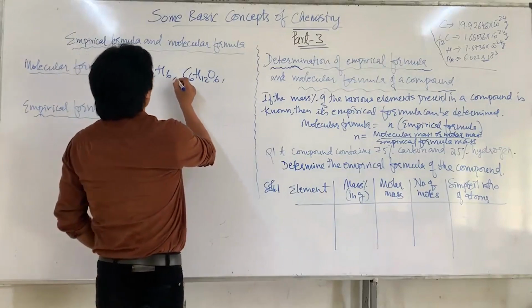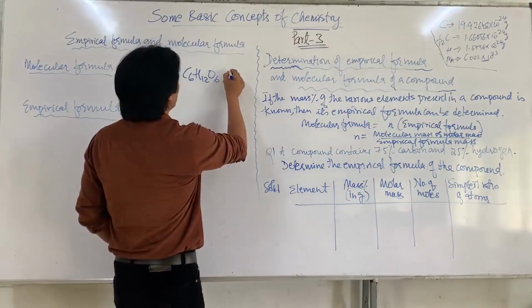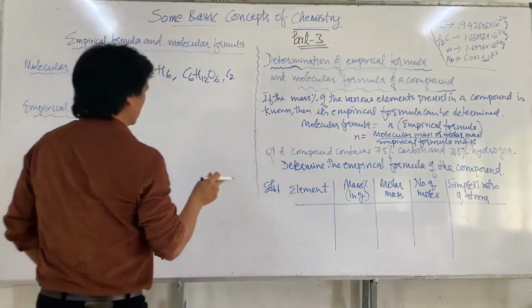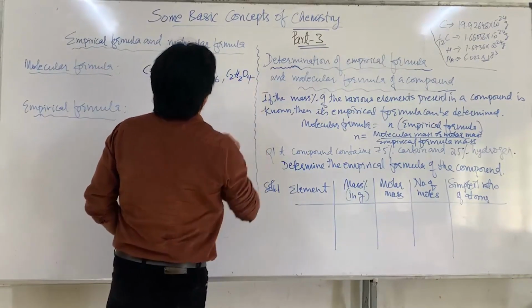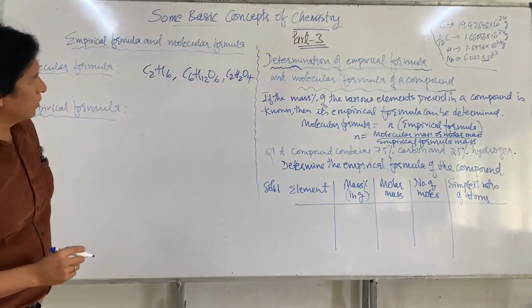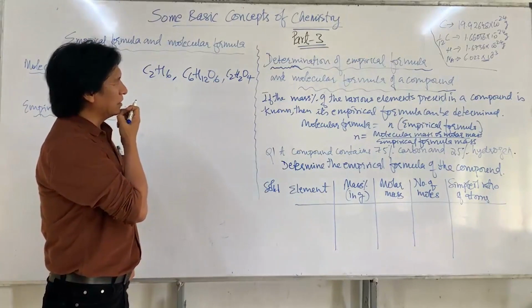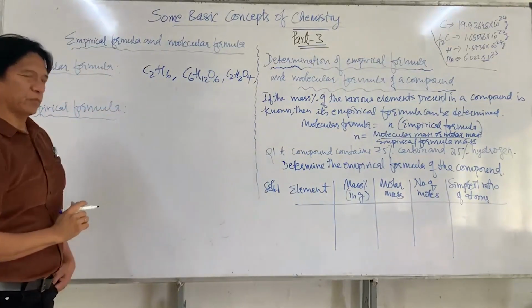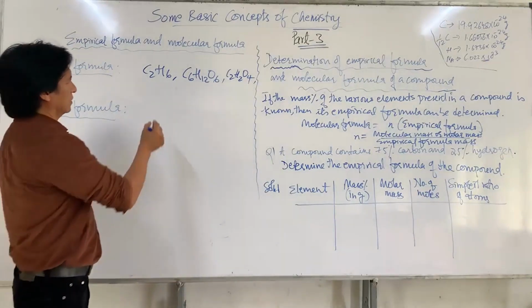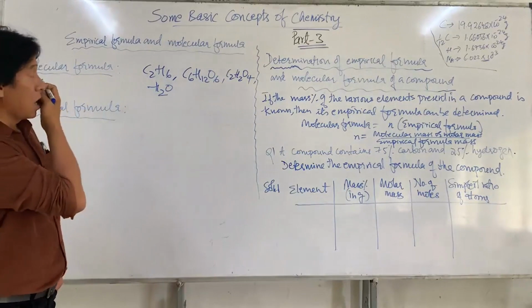And likewise, you can go on writing, like suppose you have C2H2O4. This is the molecular formula of oxalic acid, or ethanedioic acid. Now, these are called molecular formulas. If you write H2O, again this is the molecular formula of water.